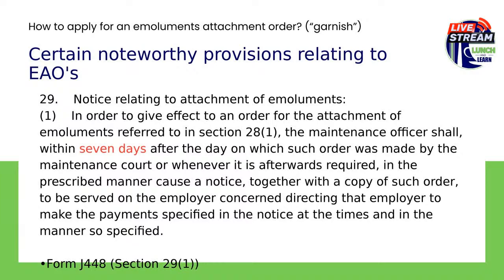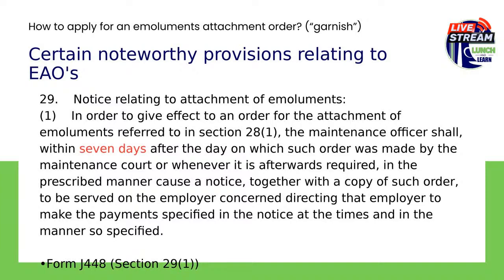The maintenance officer shall, within 7 days after the date on which such an order was made, together with a copy of the court order, the garnishee order, serve that on the employer concerned, directing them to deduct monthly payments. So this is a very, very important provision. Within 7 days after the court order was made, there's an obligation on the maintenance officer to send off the documents to the pay office or the payroll office of the respondent so that money could be deducted.